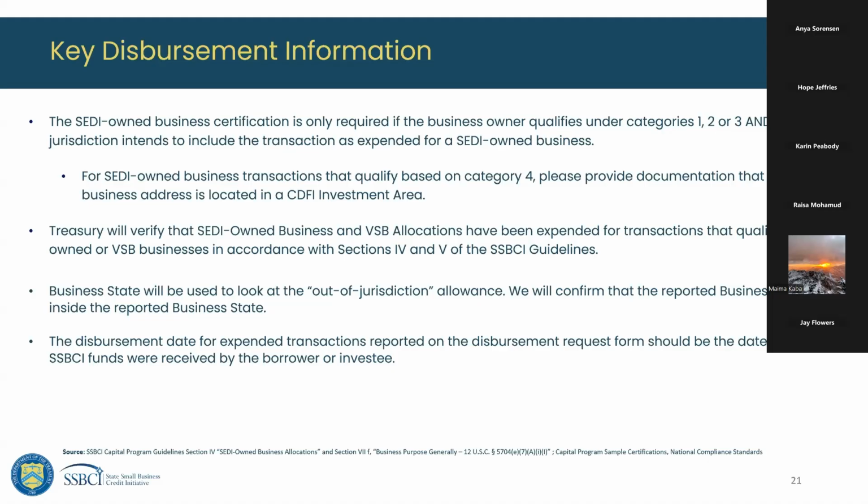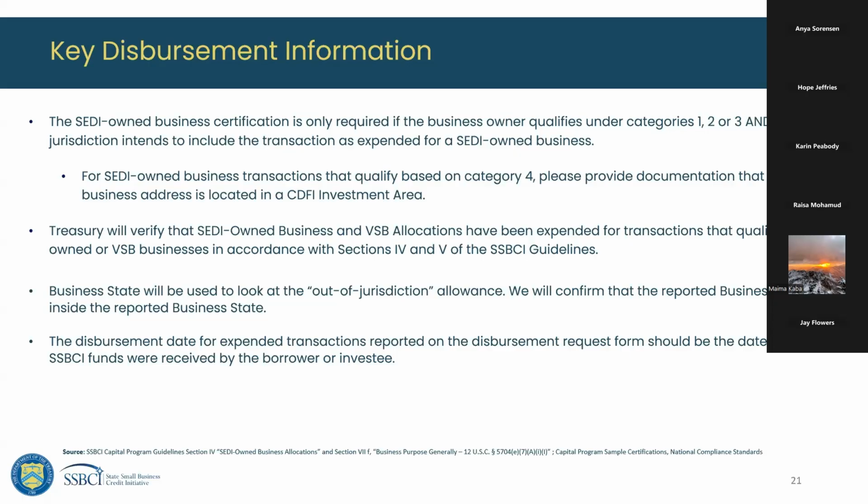Because of the 10% requirement, jurisdictions are not allowed to expend more than 10% by dollar value outside of their own jurisdiction. And also, as a general rule, transaction information like the disbursement request date that is reported on the DRF and the most recent annual report should reconcile. Other items we look at are the SSBCI allocated amount and the FTEs. So we'd like that to reconcile with the annual report because we do look at it.